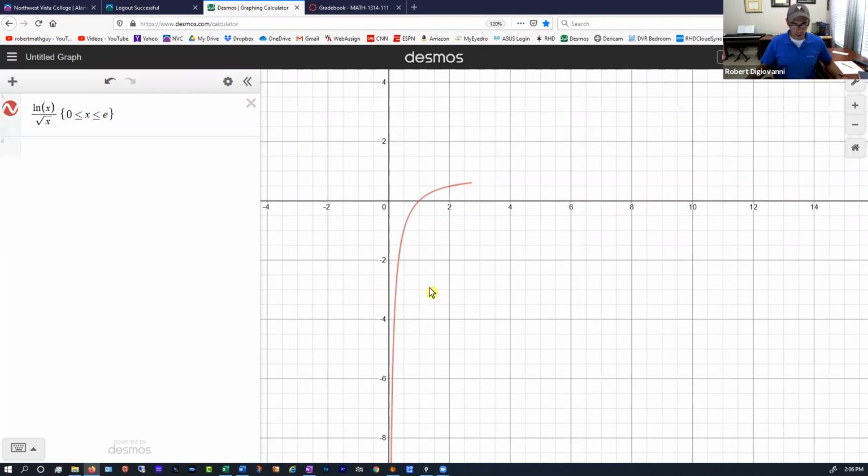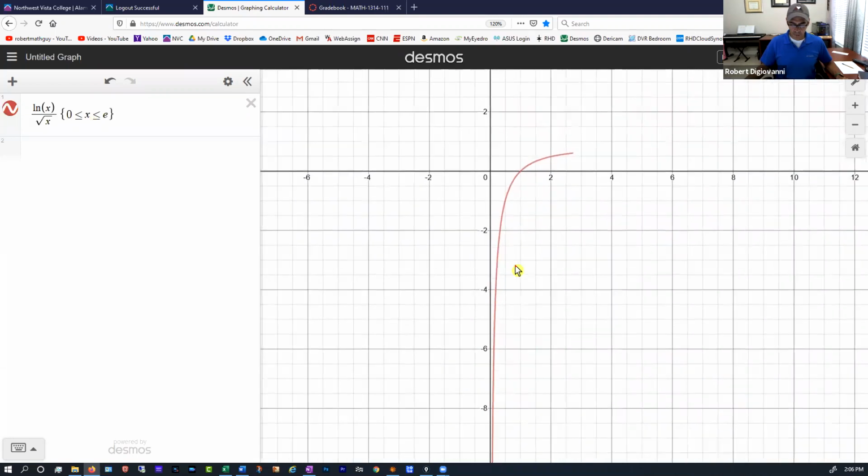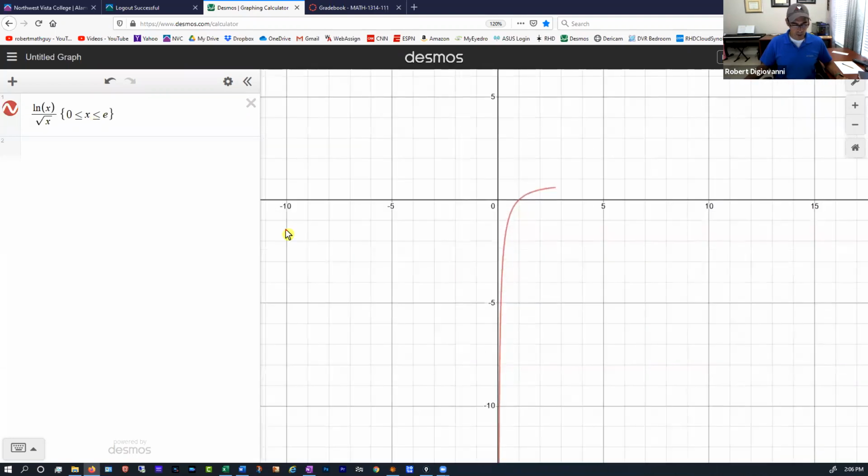So we were looking at this function here. That's good enough. And we were looking between there and there. So I've got to bring in my pen here. We were going, here's e. And we were trying to find the area here. And then from 0 to here, we have negative area, don't we?